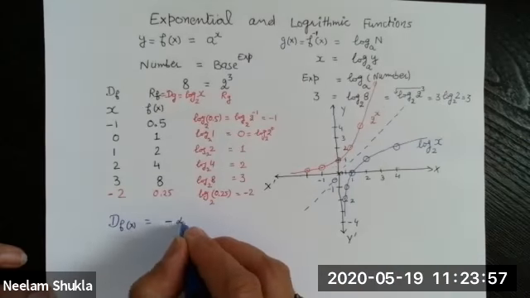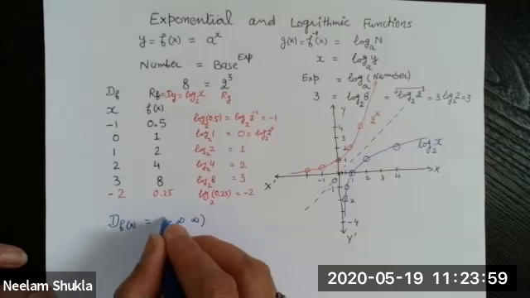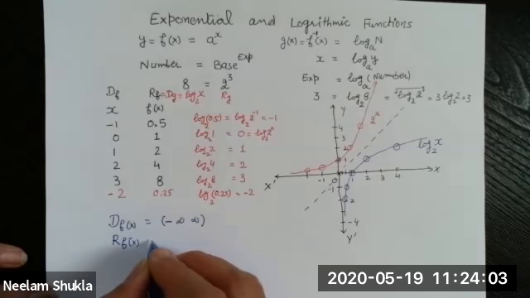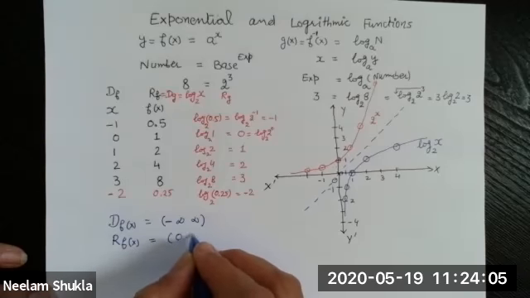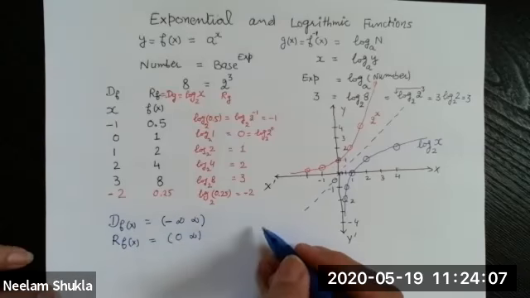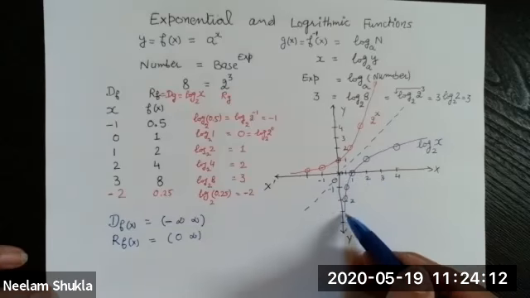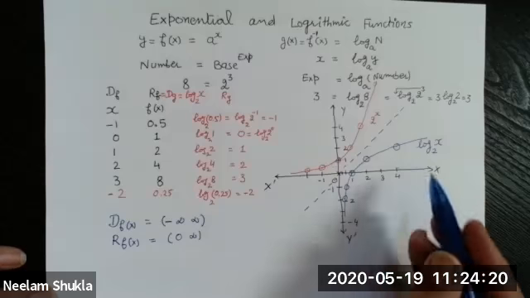So your domain is -infinity to infinity for the exponential function, but the range of that function is 0 to infinity. Whereas the inverse function, which is your log function, the domain is never 0. You can never find the log of a negative number or 0.